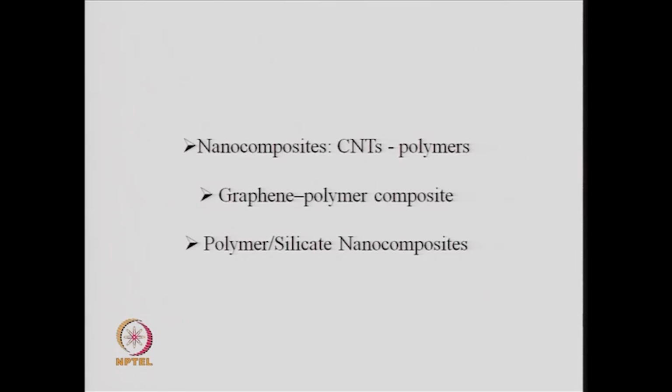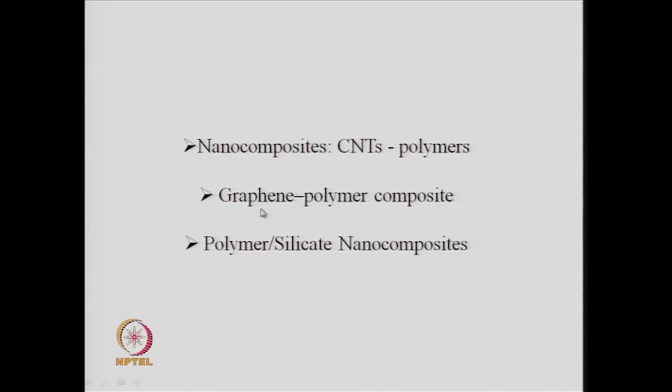So, this layered structure of graphite, if you can remove one layer from graphite, then you get graphene, and graphene is very exciting because of its high mobility of electrons, and graphene is known as a Dirac solid, and it has got tremendous applications. So, people are trying to make graphene polymer nanocomposites.